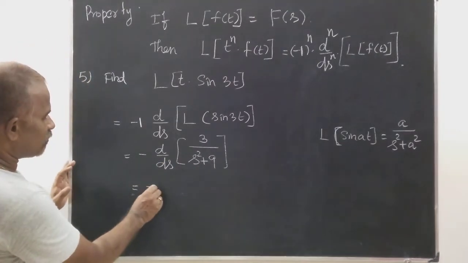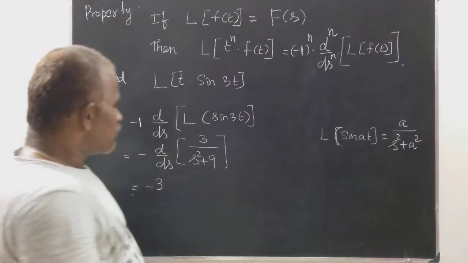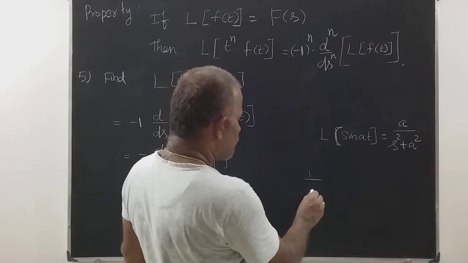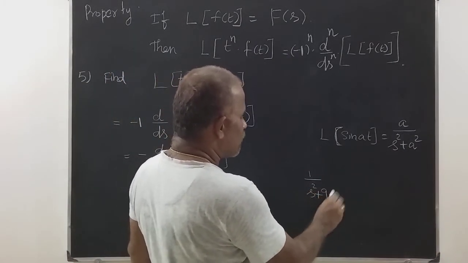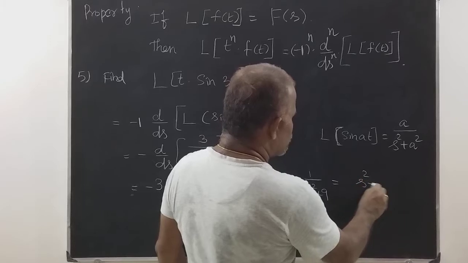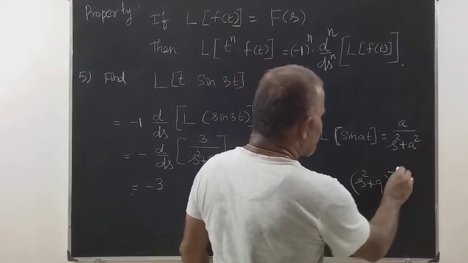3 is constant, so we will take out minus 3. I am going to differentiate 1 by s squared plus 9, which can be written as s squared plus 9 the whole power minus 1.